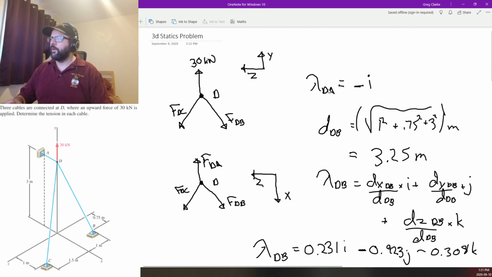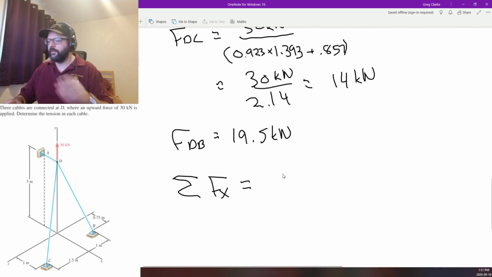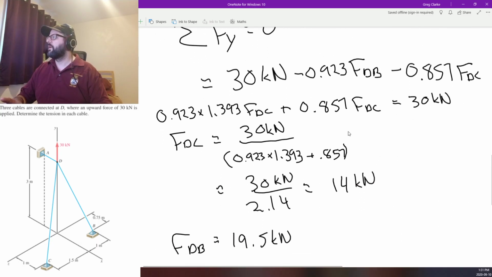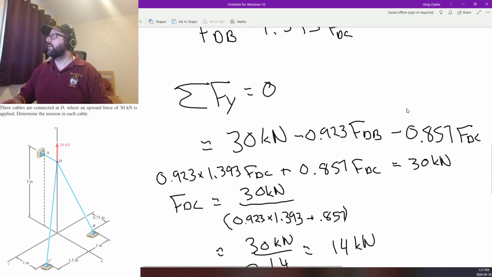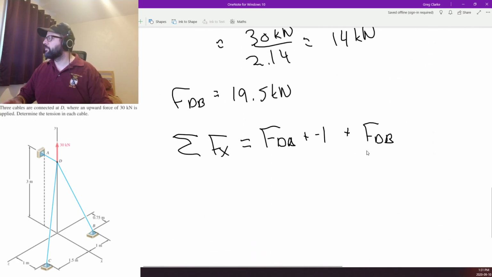So we'll start off with FDA times negative i. Its unit vector is just a -1 in the i direction. So FDA times -1, and then FDB times, let's see, what's the unit vector? 0.231i.